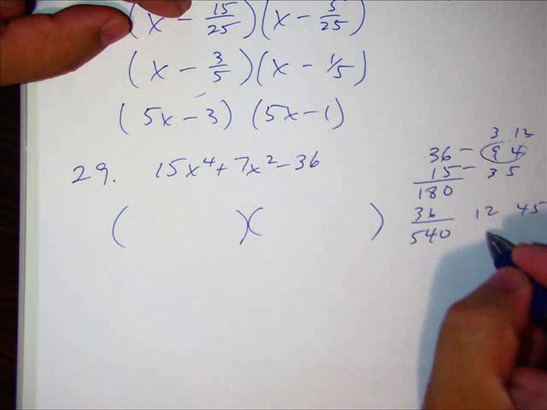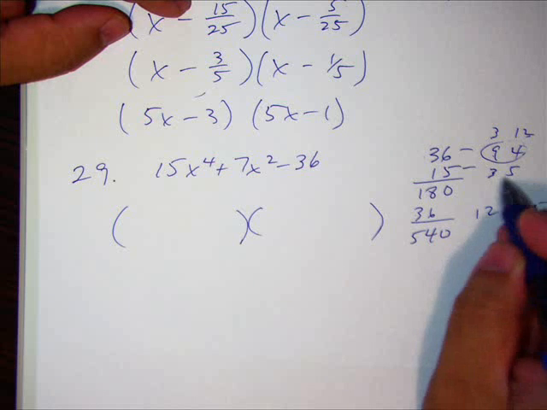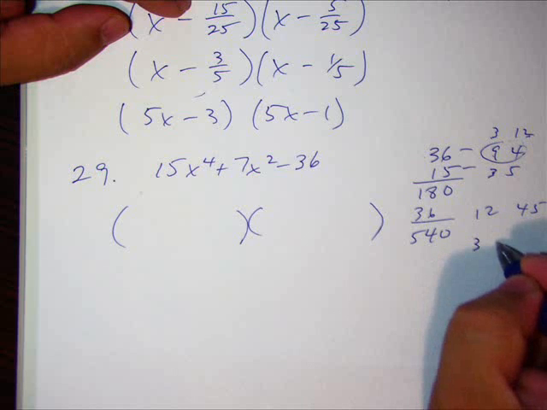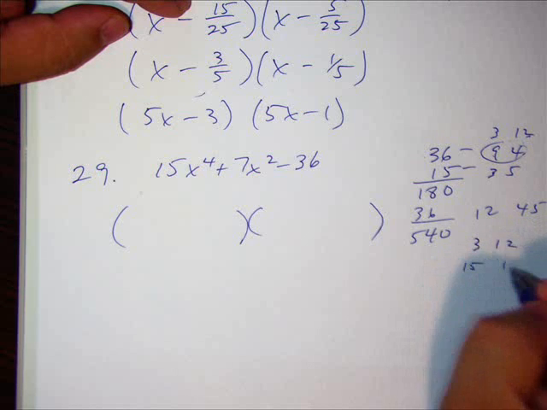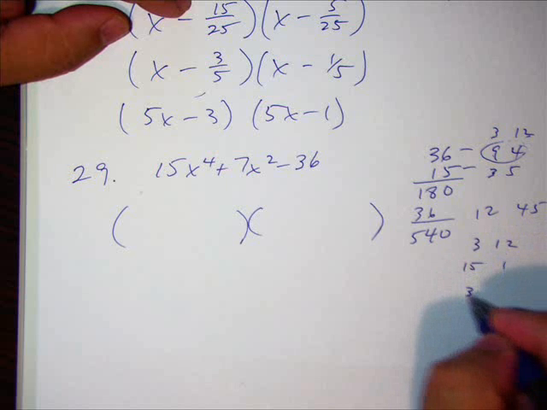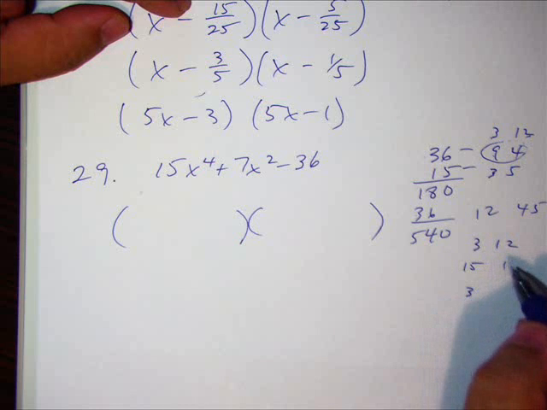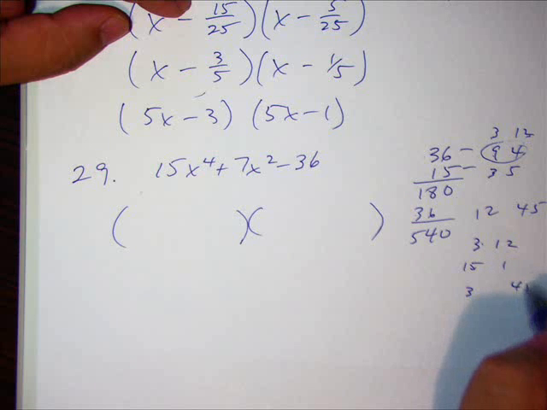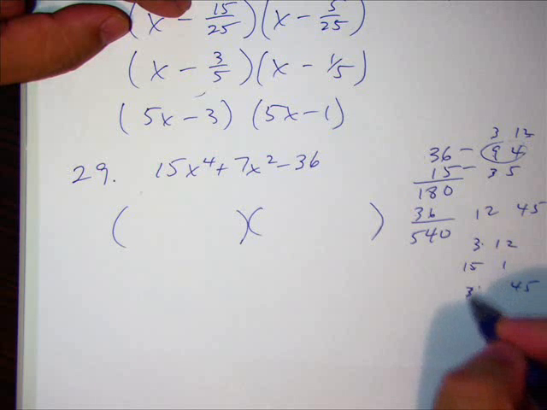Let's see what else is there. Oh, maybe it's 15 and 1. Ooh, 15 and 1 sounds good. So let's try 3, 12, 15, 1. Multiply those together, I get 3. Whoa, let's go the other way. No, nothing's going to work. 15 and 3 is still too big. That'd be 45. 12 and 1 is 12.